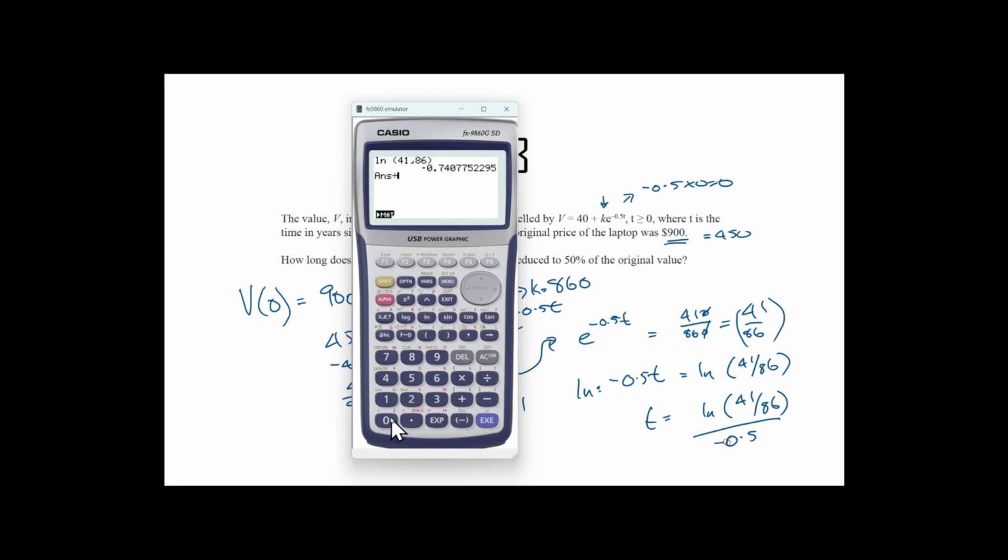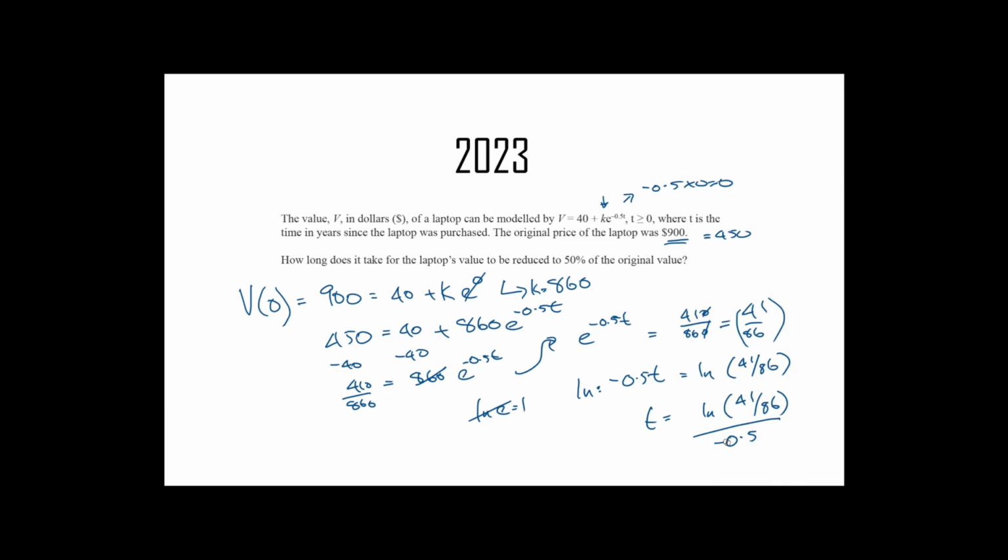Divide that by negative 0.5, and we get 1.48155, so 1.48 years. So I guess you could say 1.5 years. Yeah, I'm happy with that. Right, the next questions.